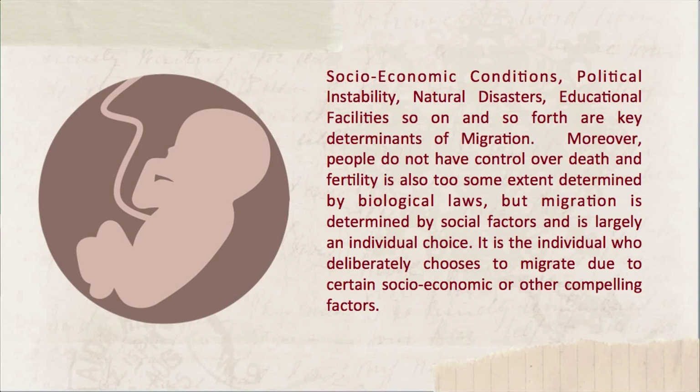Moreover, people do not have control over birth and fertility or death, and these are to a certain extent determined by biological laws. But migration is determined by social factors and it is largely an individual choice.